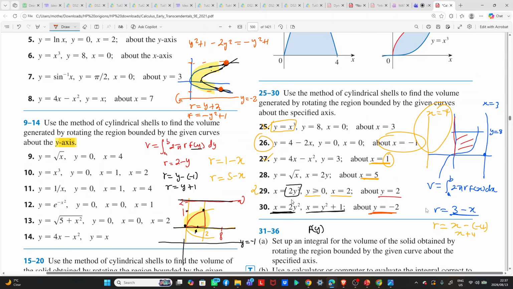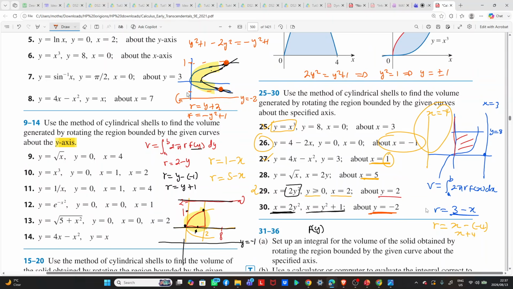If you equate them, you get 2y squared equals y squared minus 1. Then if we take this to the other side, we have y squared equals 1, so we get y equals plus minus 1.